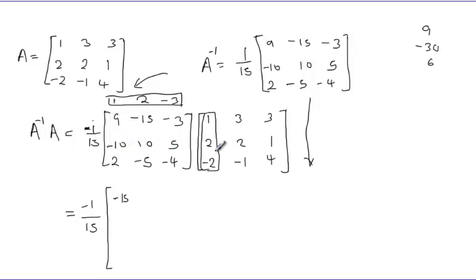So the next thing we're going to have here is what? Negative 10, positive 20, 10. It will be 2 times 5. Negative 10. Negative 10. This gives us a 0.